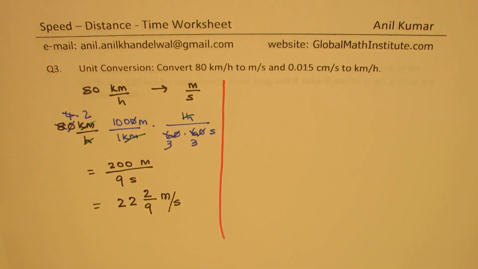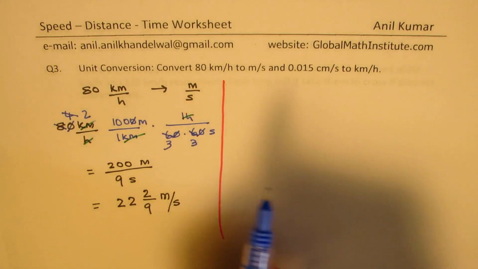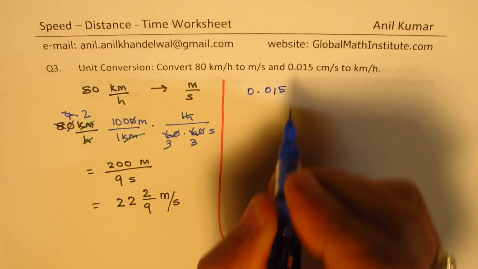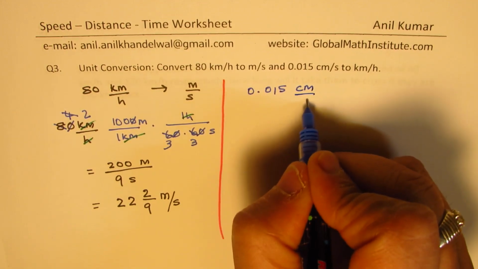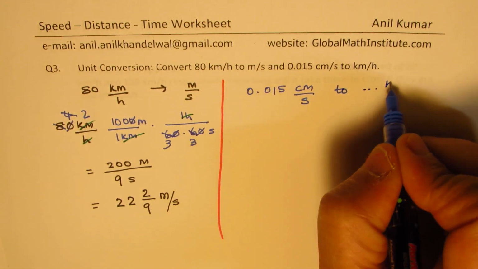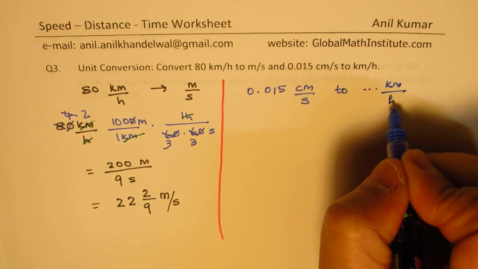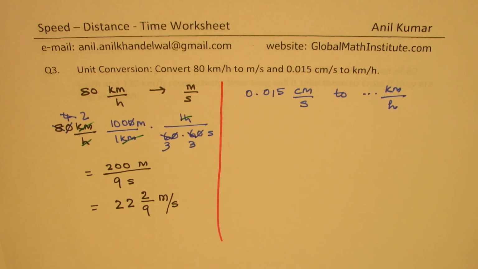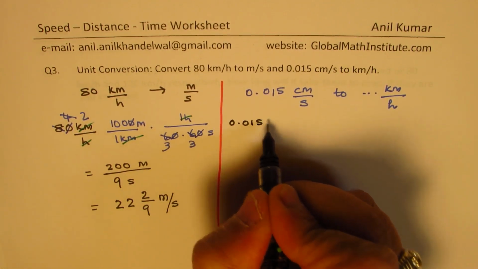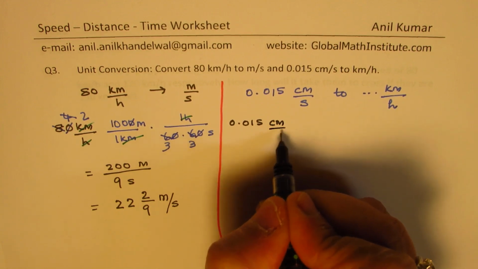The next one here is we need to convert now 0.015 centimeters per second to kilometers per hour. Is that clear to you? So we have 0.015 centimeters per second.